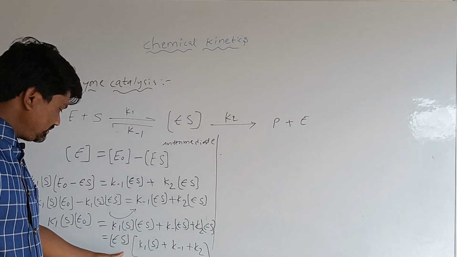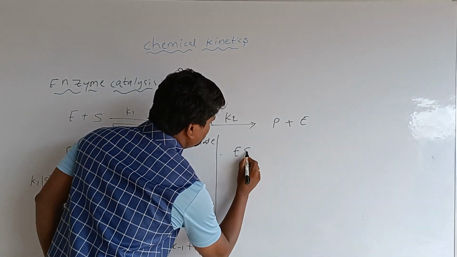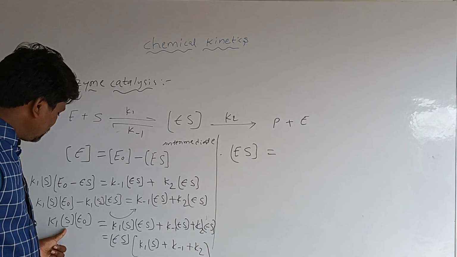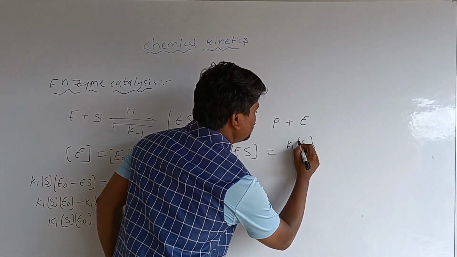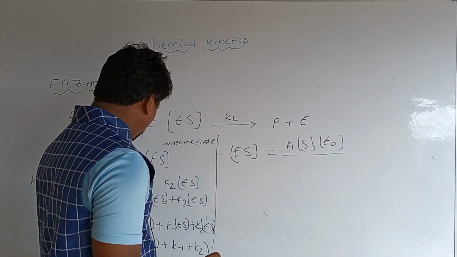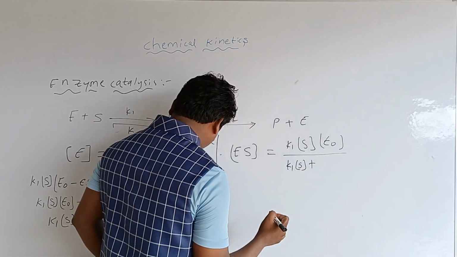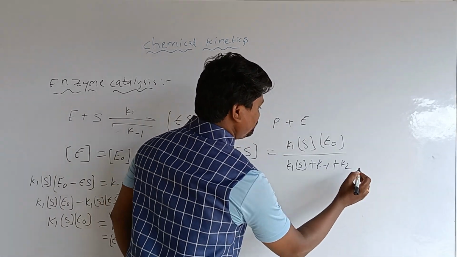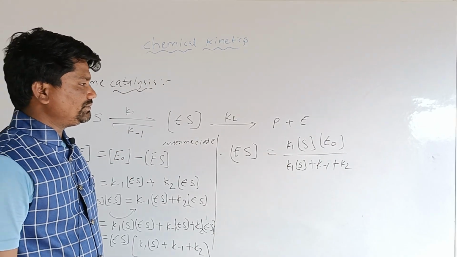ES is equal to K1 S E naught, that is K1 into substrate concentration into initial enzyme concentration, divided by K1 into S plus K inverse plus K2.